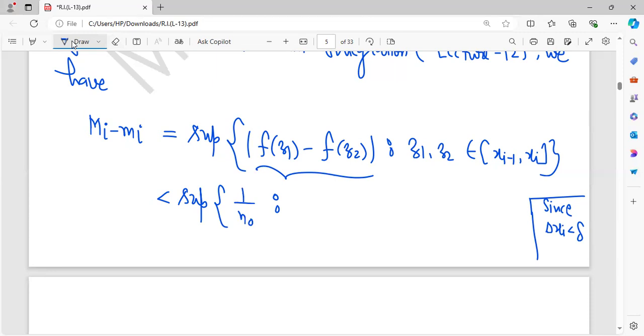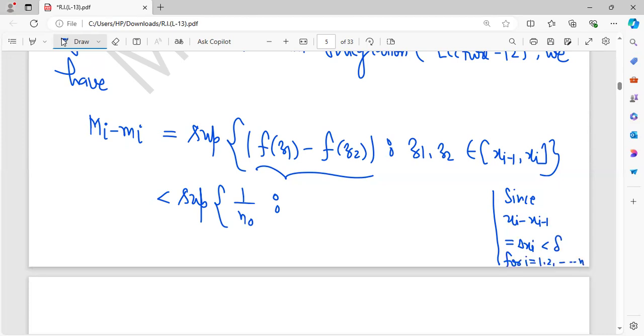So I am writing it in a proper way: since x_i minus x_{i-1} is equal to delta xi, and that is less than delta, for i going from 1 up to n.